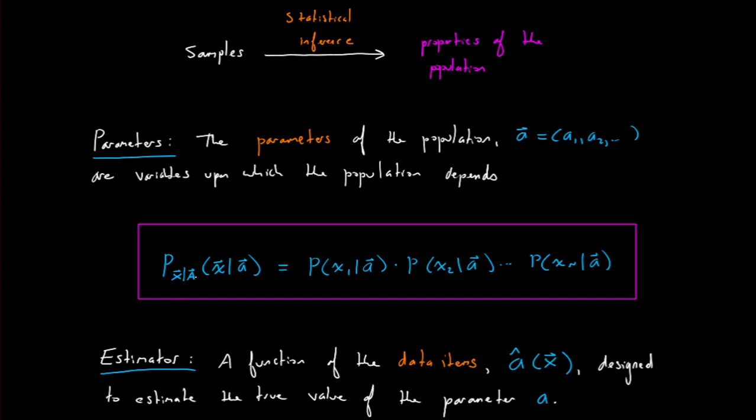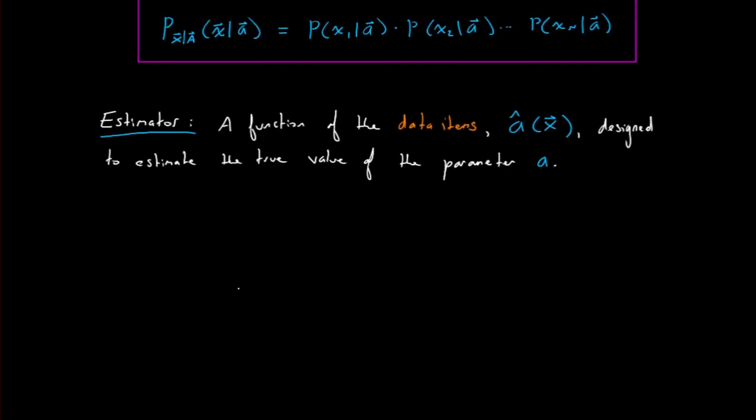Please forgive me if I drop that bar on A, because most of the time it doesn't make a difference. But in the Bayesian framework, formally these parameters themselves are random variables, and we'll have more to say about that later on. So an estimator is a function of the data items designed to estimate one of the parameters of the distribution. Remember, it depends on these data items, so we say an estimator is a random variable.